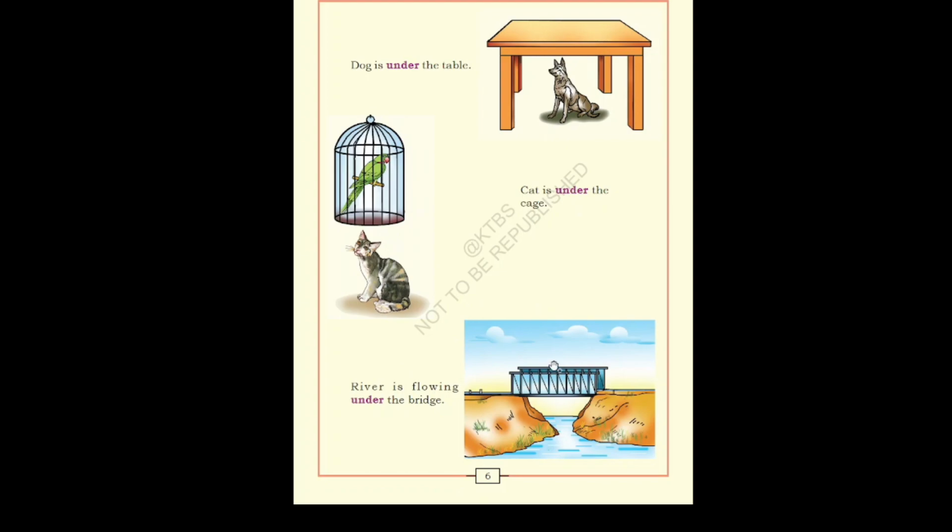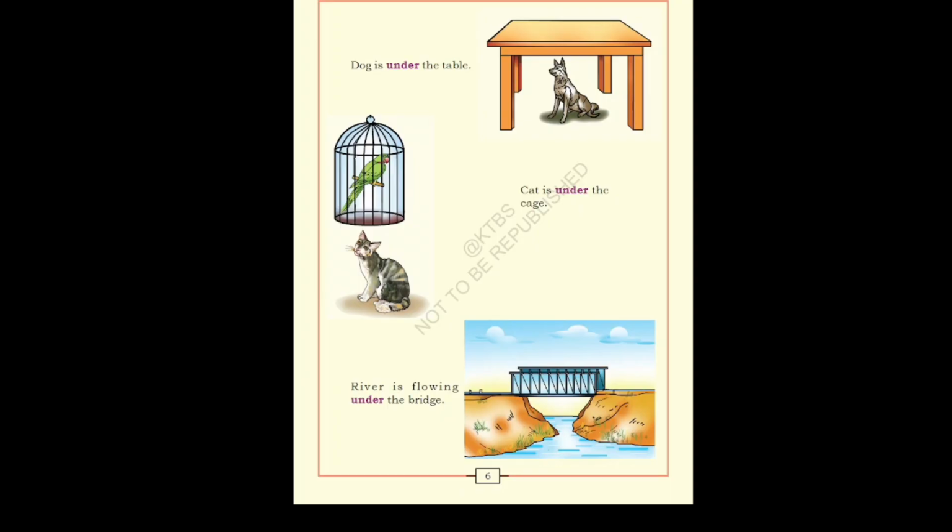Why inside outside will not come here? Because if any object is closed with any other, we say that as inside. If it is open, we call it as the outside, isn't it?